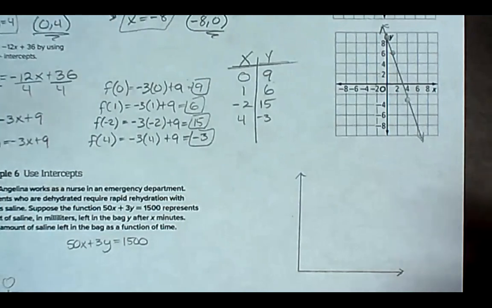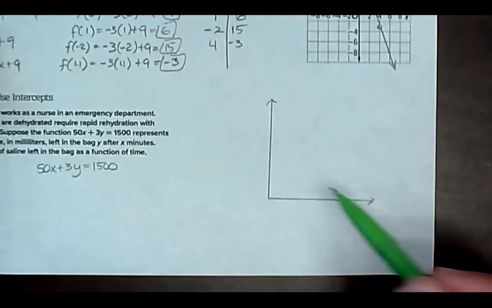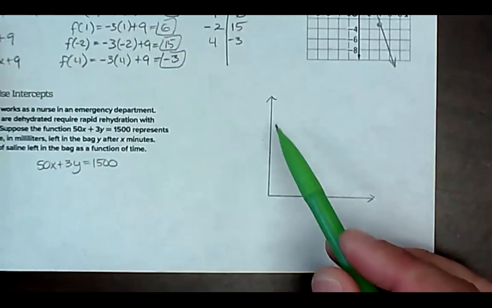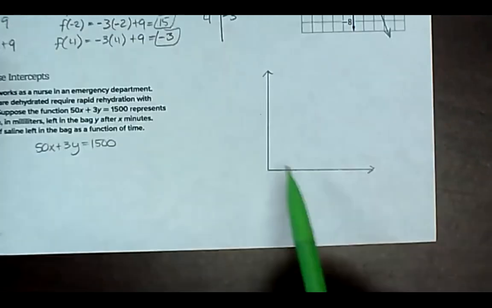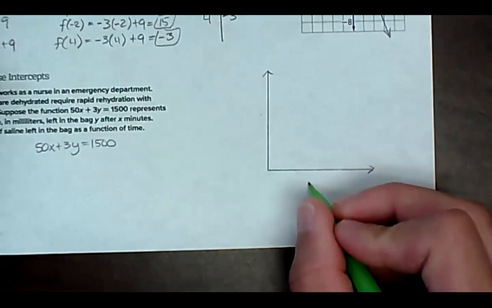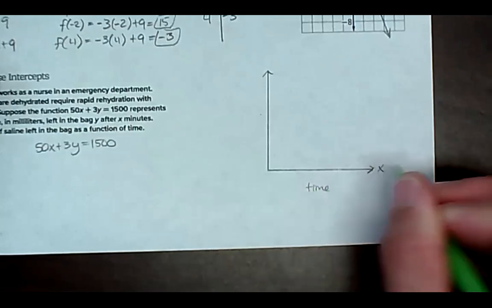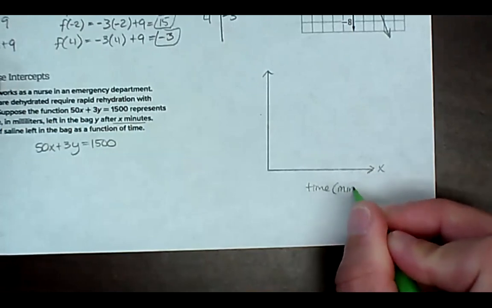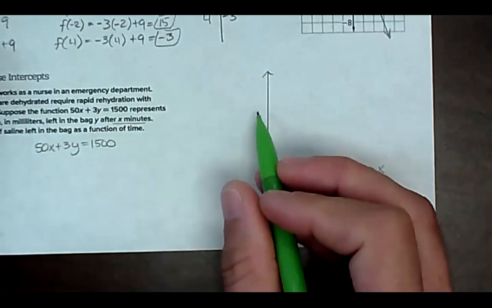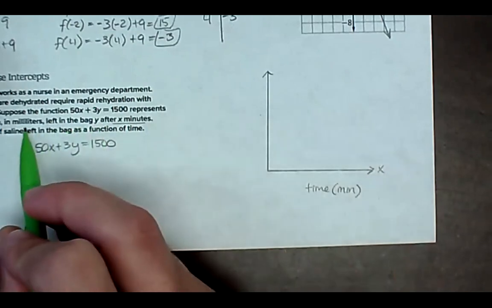If we can just find the x and y intercept, it'll be a lot faster because we just find 2 points, draw them, and we're done, right? Hopefully you understand why I drew my coordinate plane like this and not all 4 quadrants. Because remember that time is x in minutes, and y is the saline left in the bag.